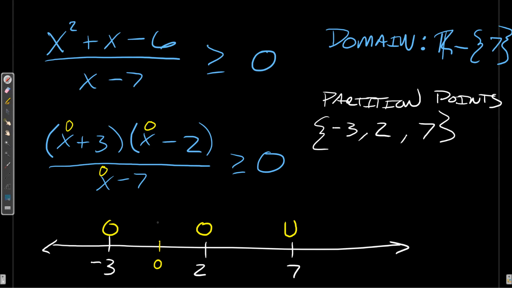So that means that inside of this interval, the sign is positive. Bet money that it just alternates across all of the other partition points.